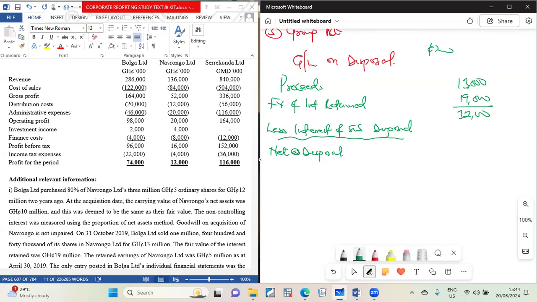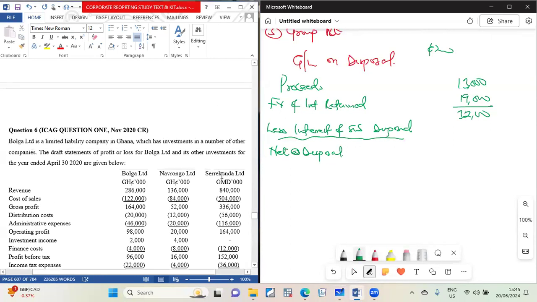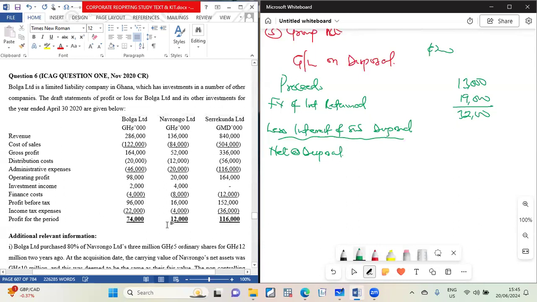The same thing we learned in what we call changes in group structure is going to apply over here. So they will share profit. The profit that they will share is coming from this, our profit. And since this disposal is happening within 6 months, this is where you will share the profit.